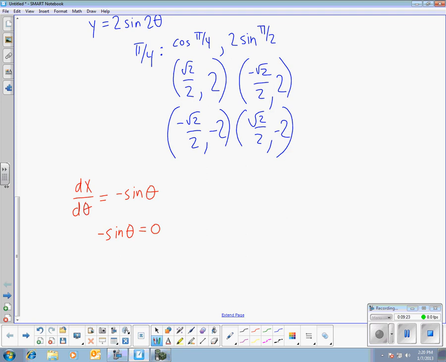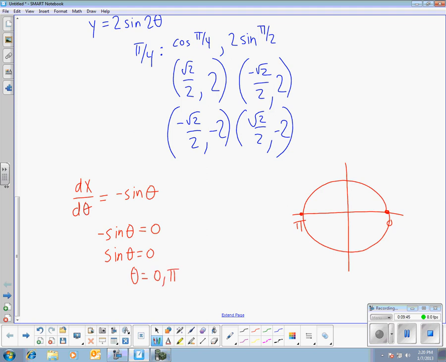So negative sine theta is 0 in the same place where sine is 0. On my unit circle, sine is 0 when y is 0, at 0 and at pi. No weird answers because this is just the sine. So theta equals 0 or pi.